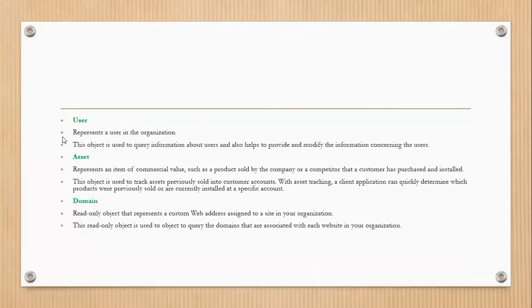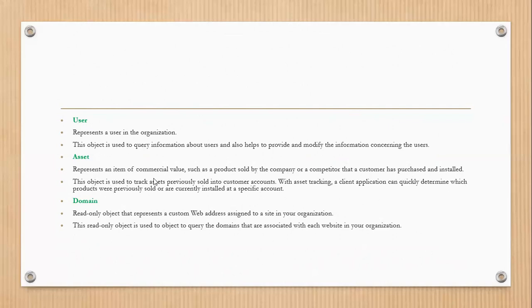Next, User represents users in the organization. This object is used to query information about users and also helps provide and modify the information concerning the users. Asset represents an item of commercial value, such as a product sold by the company or a competitor, that the customer has purchased and installed.